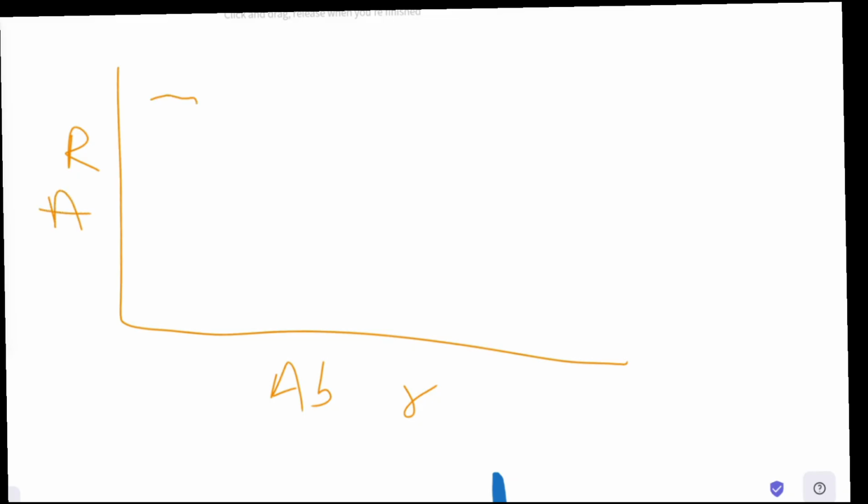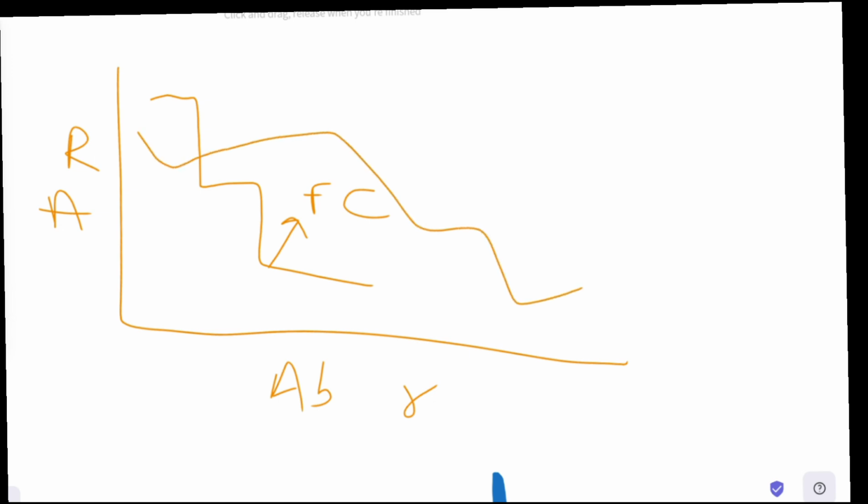For example, this is forest community 1 and forest community 2. So this is the abundance rank on the x-axis, and on the y-axis we have relative abundance. So the rank abundance curve for two forest communities is shown here.